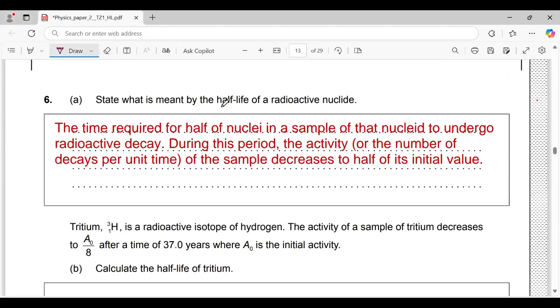Half-life of a radioactive nuclide is the time required for half of the nuclei in a sample of that nuclide to undergo radioactive decay. During this period, the activity, or the number of decays per unit time of the sample, decreases to half of its initial value.